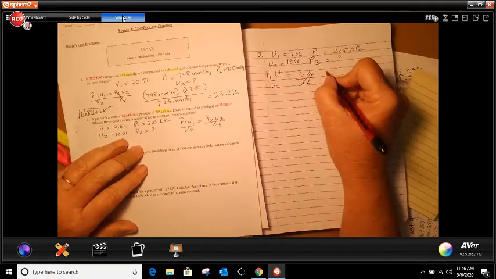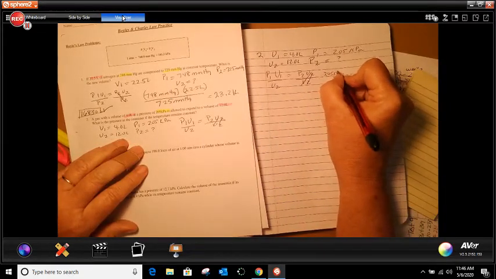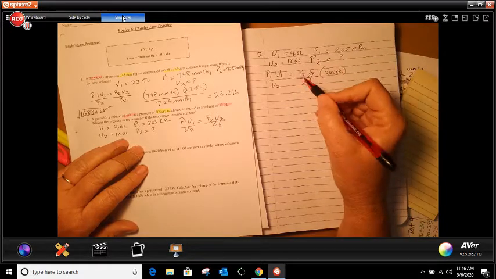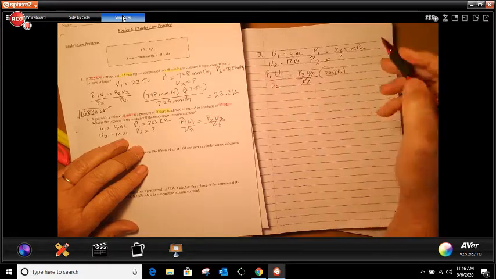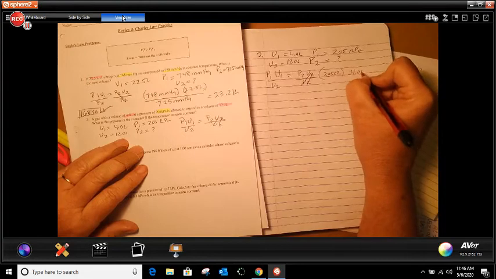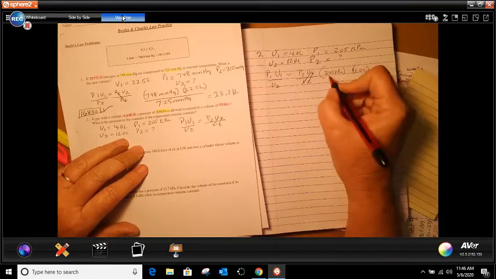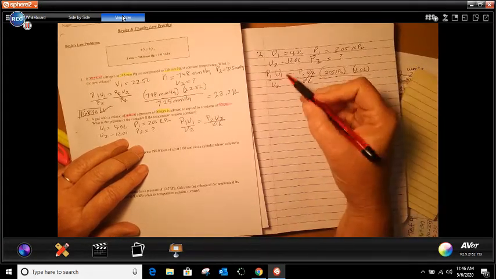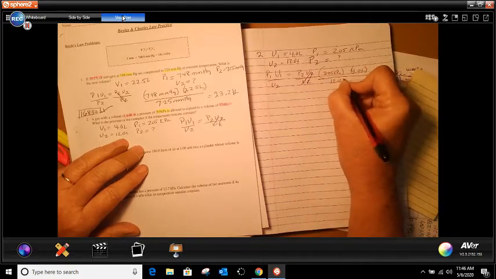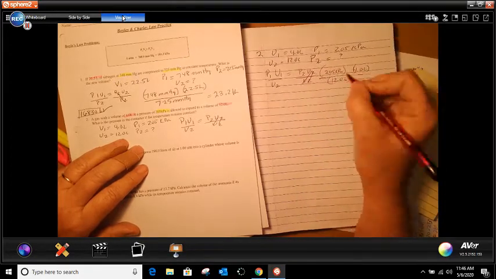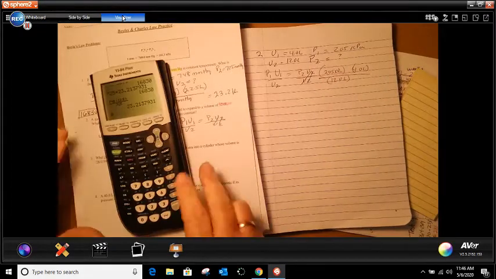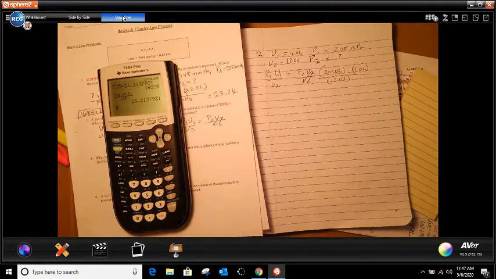So my P1 is 205 kilopascals, and I'm going to multiply that by my V1, which is 4.0 liters. And I'm going to divide that by my V2, which is 12.0 liters. And I'm going to get my answer. So let's see. Alpha y enter.